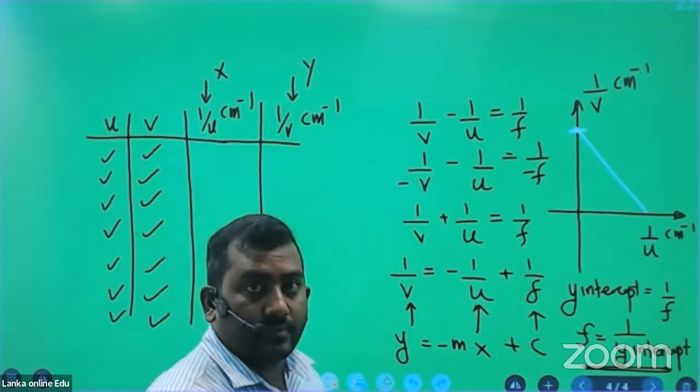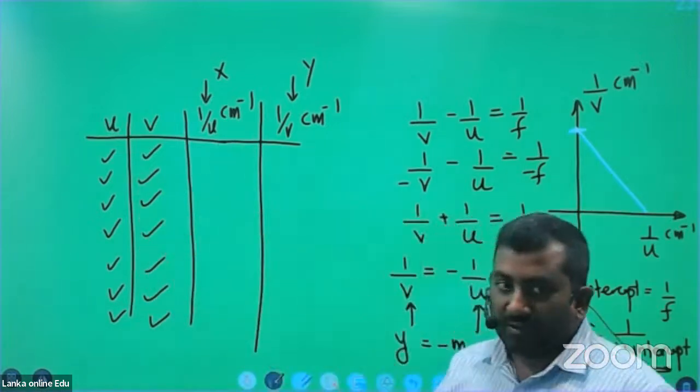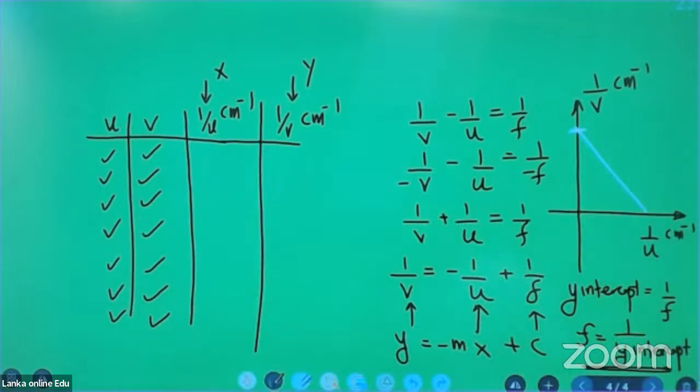Okay. Draw, finish it off. So this is 21.1 now. You can see the practical, it's a pretty direct practical. How to find the focal length of a convex lens for a real image.